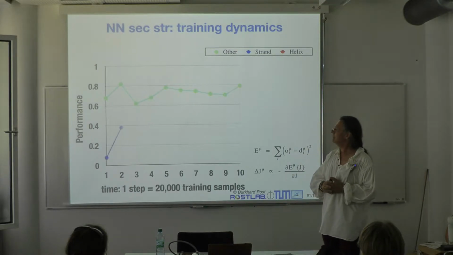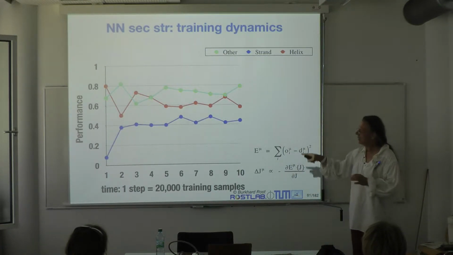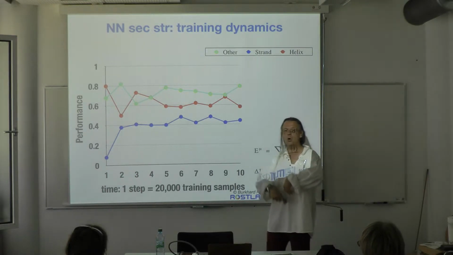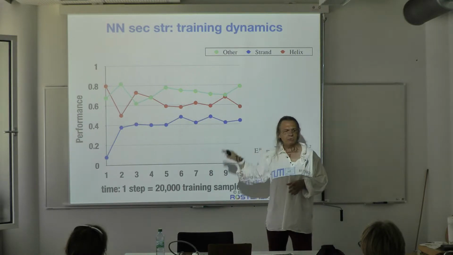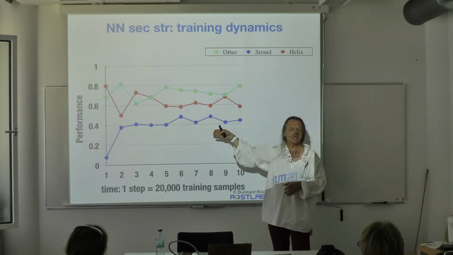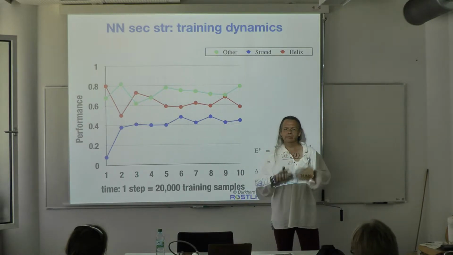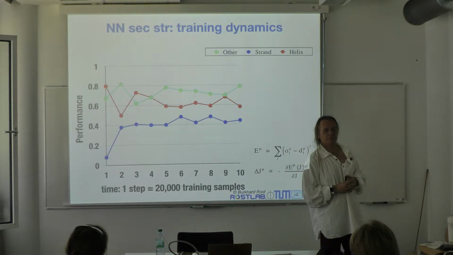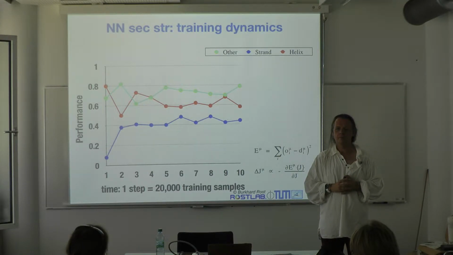So here's what happened during the training of the neural network. Again, this is time. One count here is presenting all the samples once. That's percentage. We have 3 different curves here: beta strand in blue, alpha helix in red, and other state in green. Can you tell me what you observe? Please, not everybody at the same time.